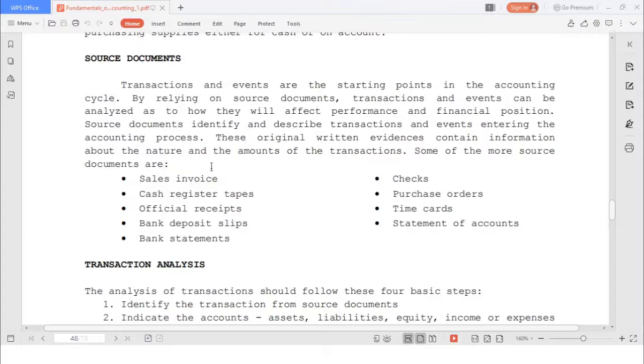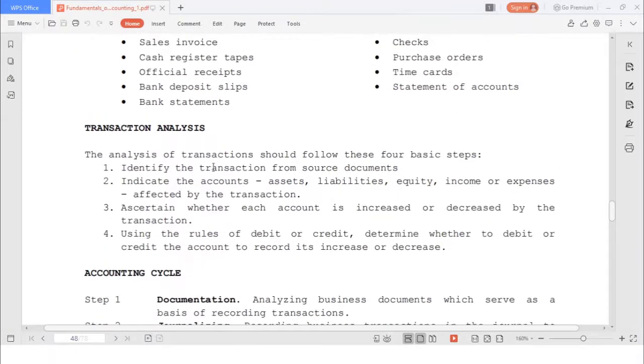If you can remember, the terms value received and value parted with were already discussed in our session 2, which is the concept of debit and credit. Again, after identifying we will now move on to the transaction analysis.